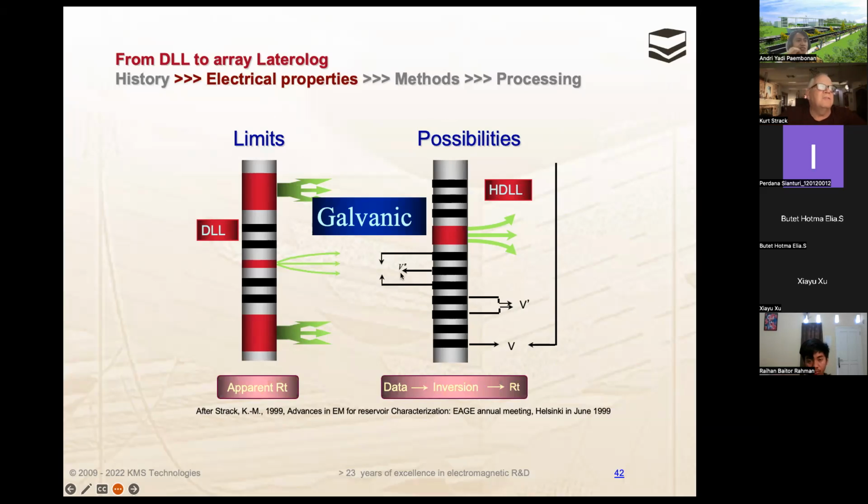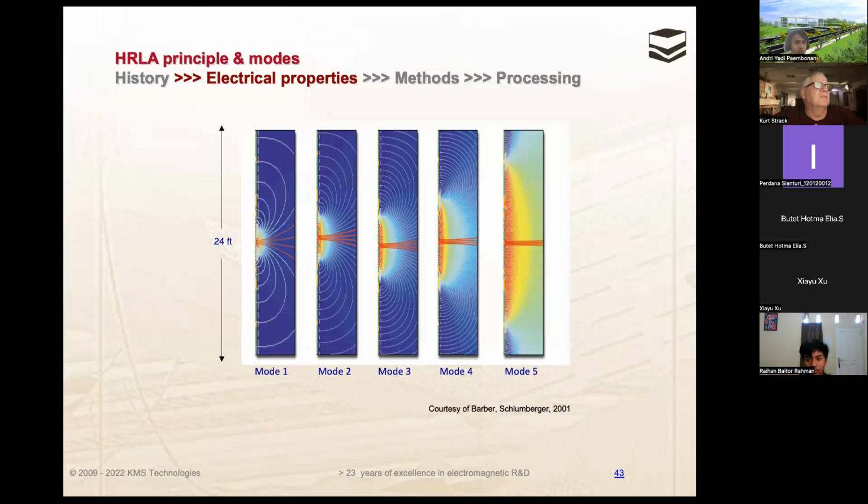And this second difference is a direct measure of the current leaking into the formation. You then get raw data and you use inversion by modeling the tool to obtain the resistivity of the formation. That is a much more accurate way of measuring borehole resistivities.